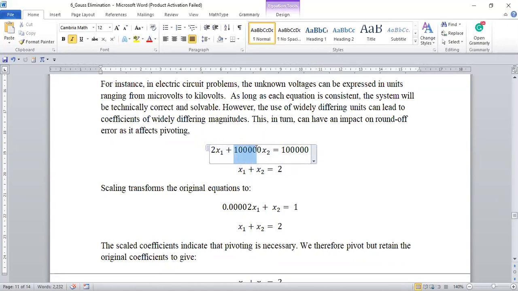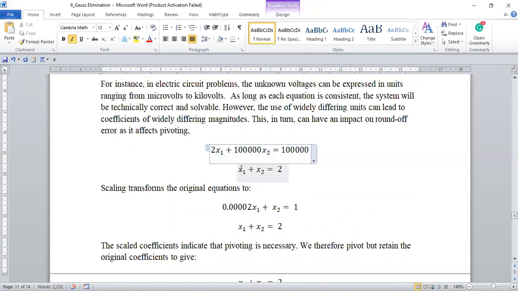Then this is like 1 million. The coefficients don't balance out. This is very, very small or negligible. And this is, say, 100,000 and this is 100,000. So you're going to get errors because of these outrageous coefficients here. I encourage you to solve it.